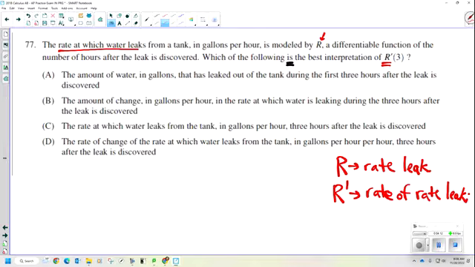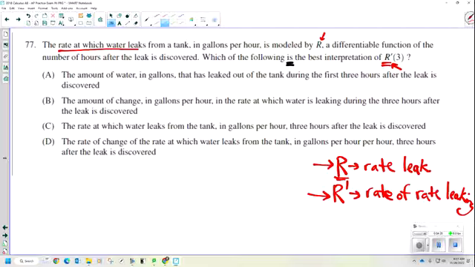Don't think, oh, it's the first derivative. They kind of give you that first rate or first derivative with R. So this is considered a second derivative, even though it's the first derivative of R. It's the rate of the rate.